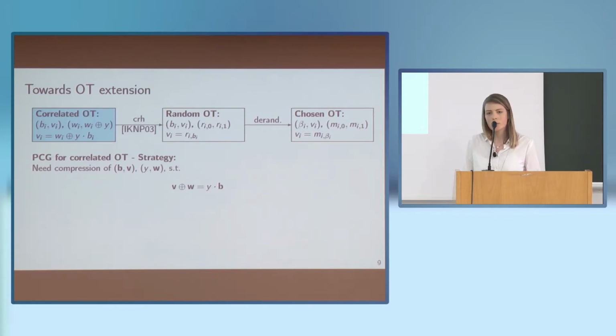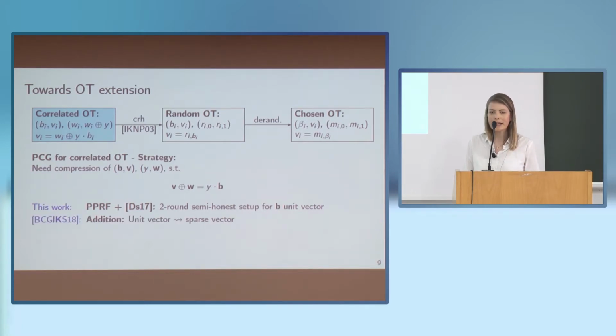In other words, what the two parties want to obtain is an additive secret sharing of Y times B, where Y is the constant offset of the sender Bob, and B is the choice vector of Alice. So first we will show how to get a pseudorandom correlation generator, assuming that the vector of choice bits is a unit vector. So Alice always chooses the first message except for one time. And also how to set it up.